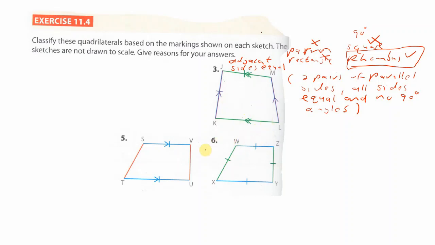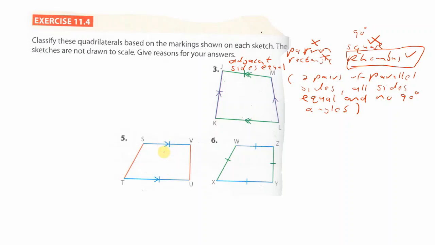So let's have a look at number 5. So for number 5, we have the blue lines that are parallel as indicated by the one arrow. They are also equal as indicated by the one stripe or line. So now let's see what the possibilities are here.